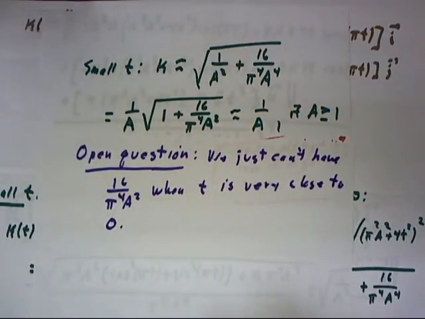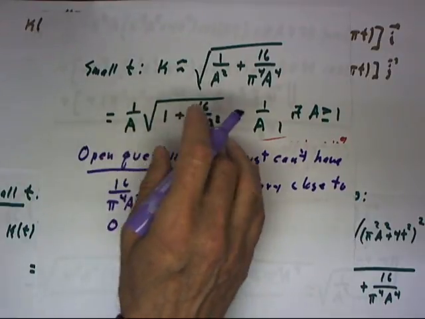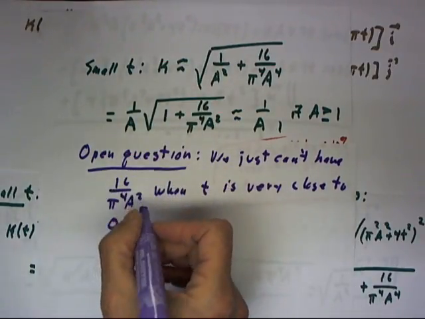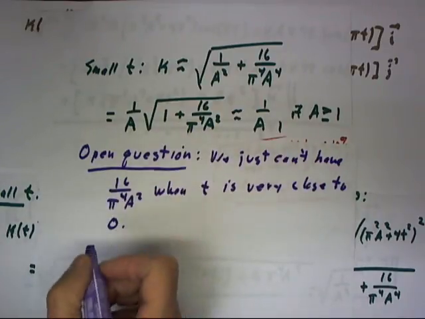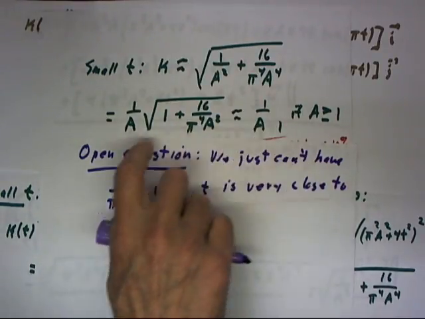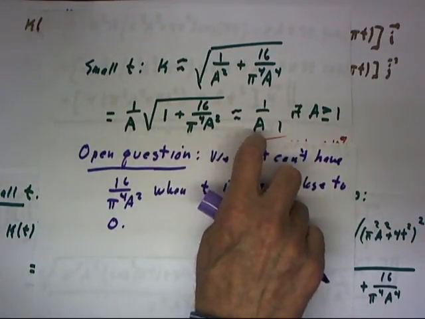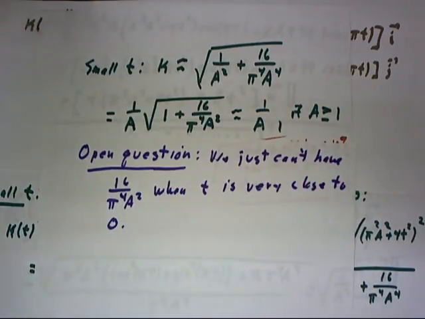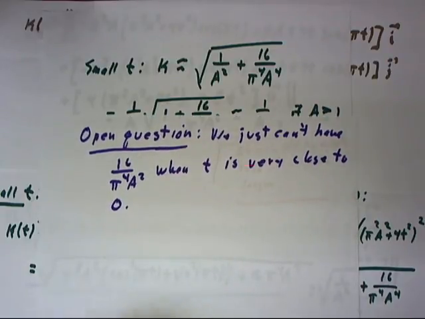Because when t is very close to 0, that t squared k doesn't amount to anything at all, and it's not going to affect our radius of curvature. When t is close to 0, we're pretty much going to be on the circle in the xy plane, and it has a radius of curvature of 1 over a. And it doesn't matter what a is, that's going to be the curvature. So something is wrong.